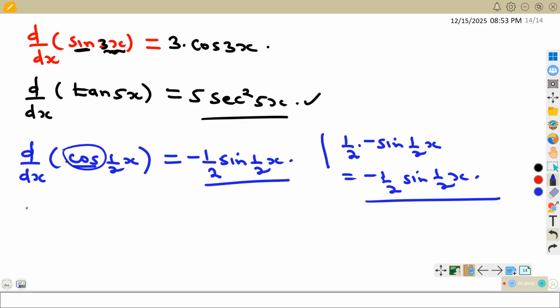So then if you differentiate sec of 10x, what do you get there?